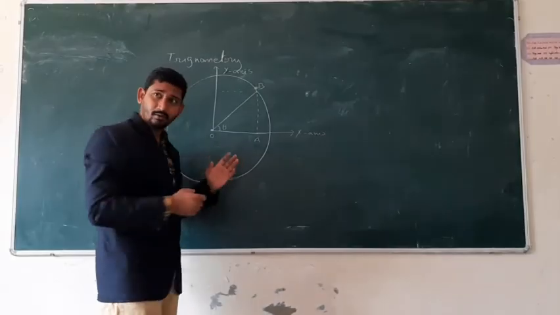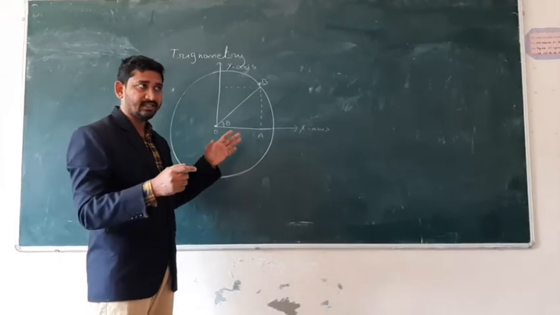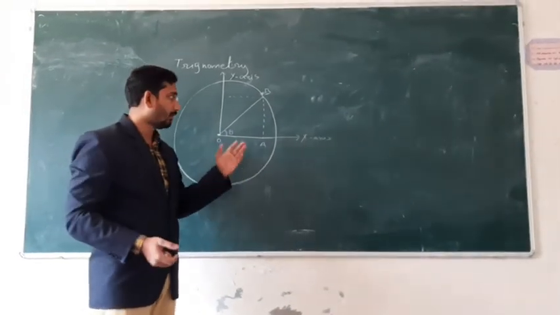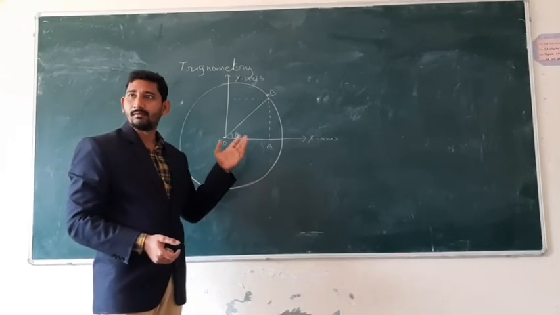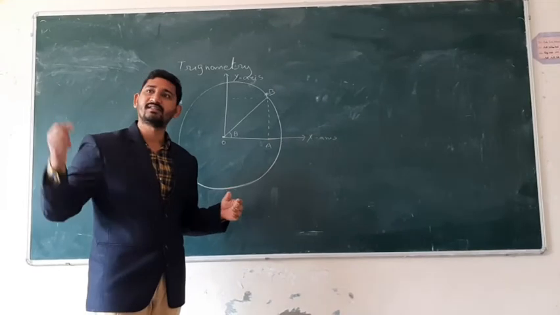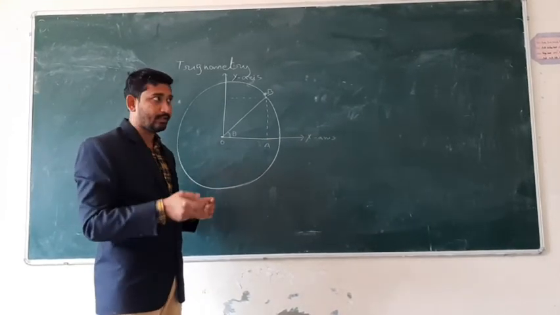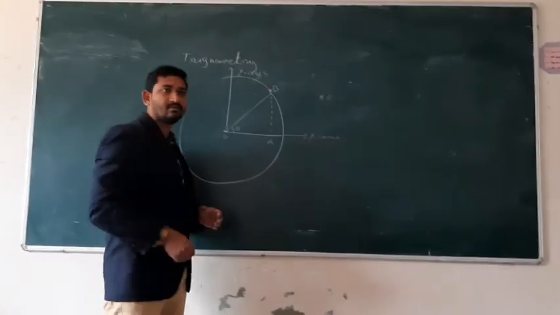For finding these types of lengths, or these types of physical quantities, now I am talking about length, sometimes it will become force, sometimes acceleration, sometimes velocity. There are different cases. That time we should include trigonometry. We should measure these angles.